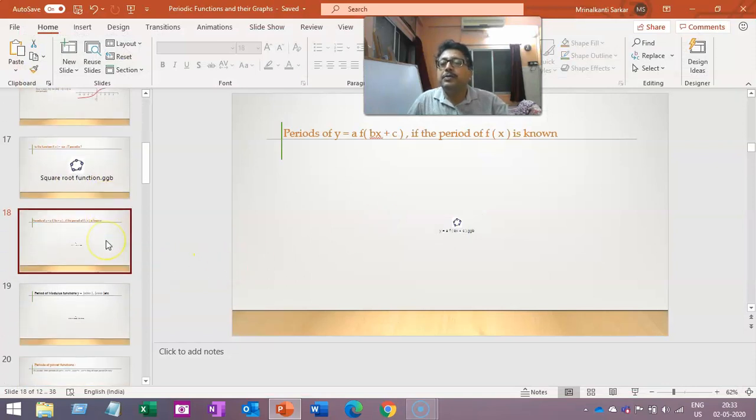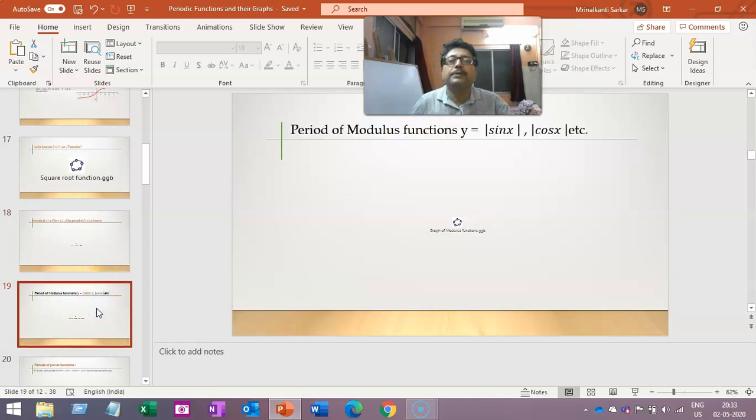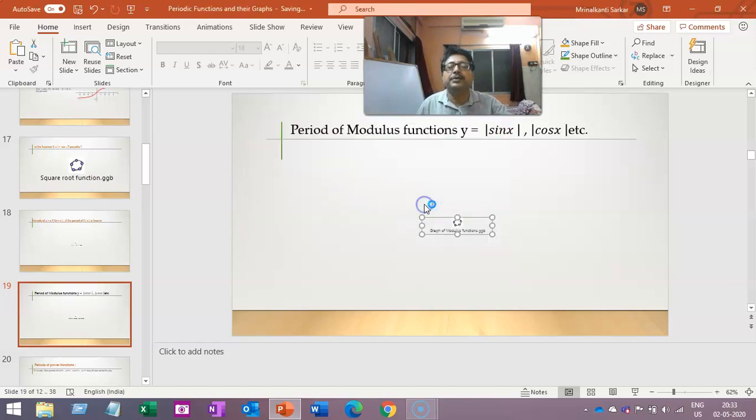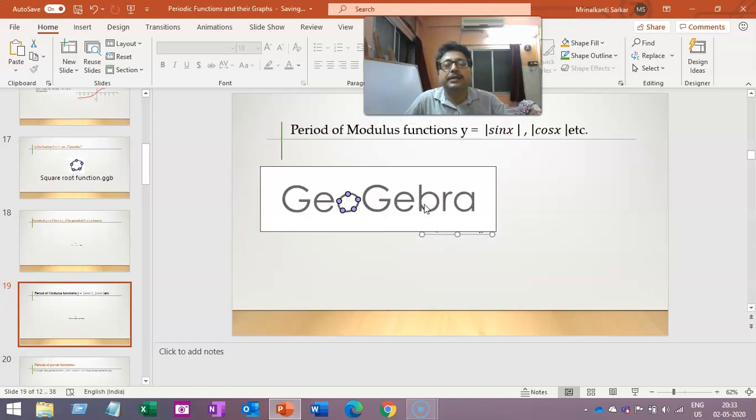Now let us go for the period of mod sin x and mod cos x. As already told, sin x and cos x have period 2 pi each. What about mod sin x or mod cos x?